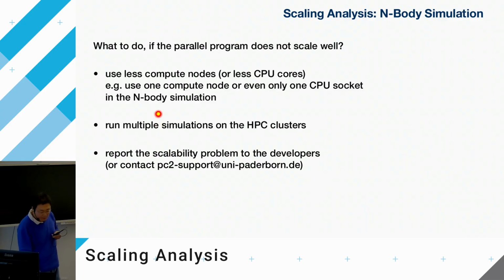Or you can run multiple simulations on the HPC clusters. Instead of launching one job using 1000 CPU cores, you can start, I don't know, 100 jobs, and each job uses, let's say, several tens of CPU cores. And last but not least, you can report this scalability problem to the developers or contact us, PC2 support, and we are happy to look at the performance problem with your application together.